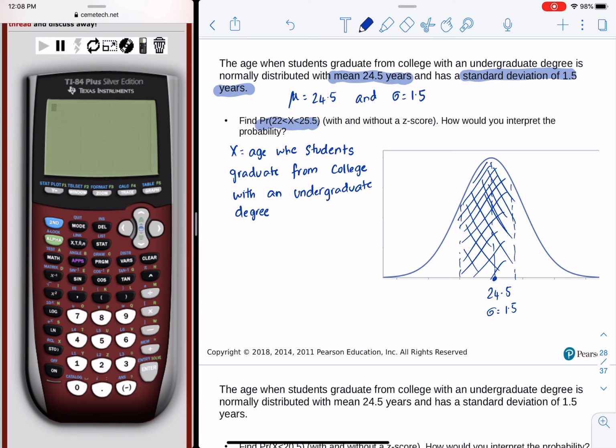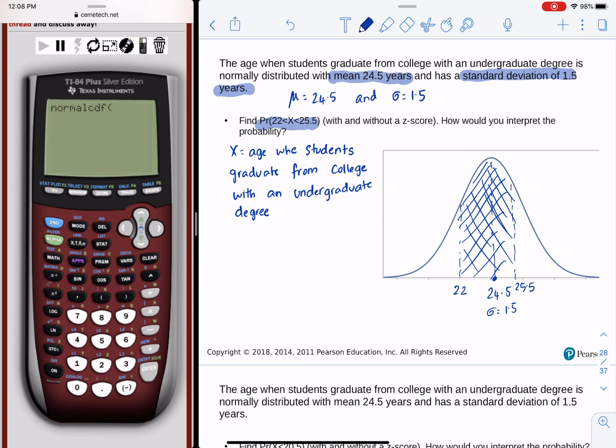So how do we find the area? We make use of the calculator. So 22 is over here, 25.5 is over there. So press second vars and go to normal CDF, which is option number 2, and you enter the lower endpoint.